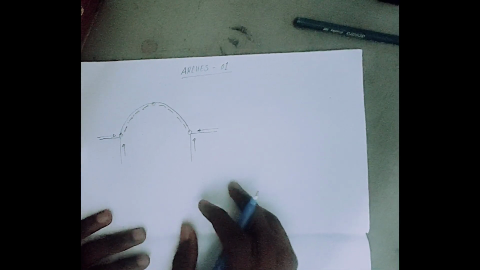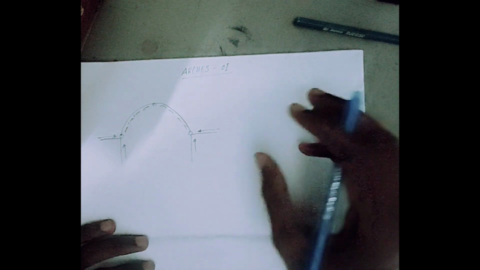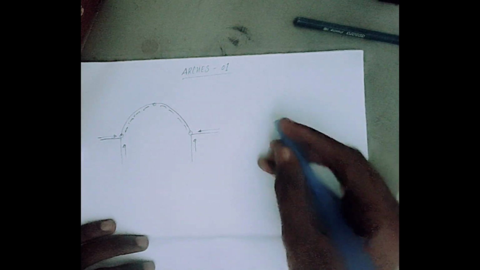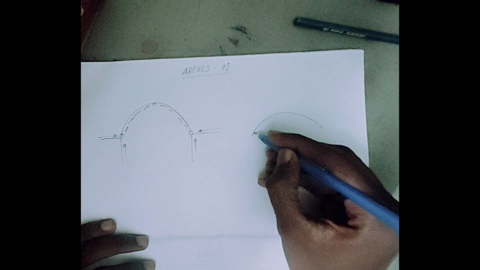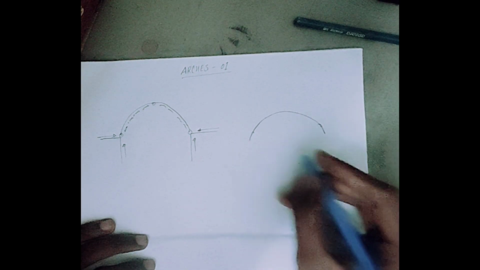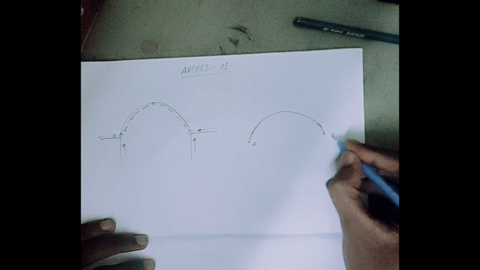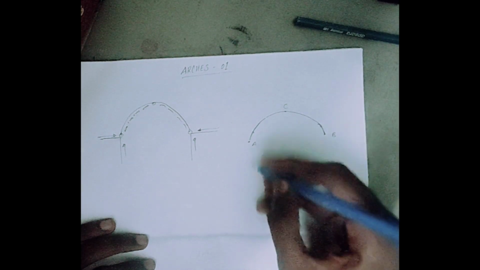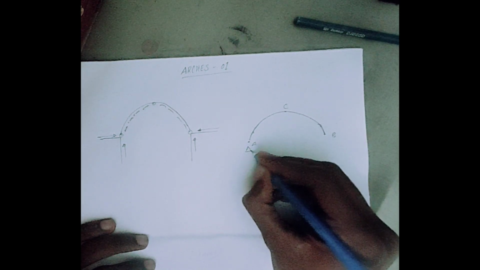Now we're going to see the dimensions or terms in arches. So let this be an arch, named A, B, and C. This is a support.